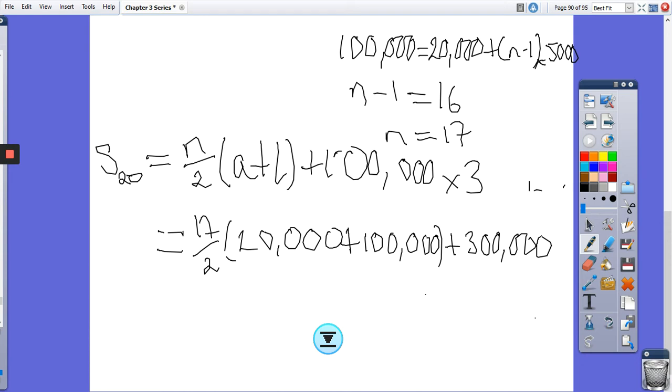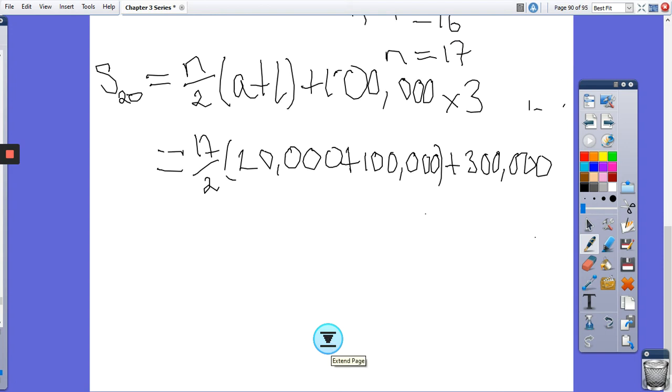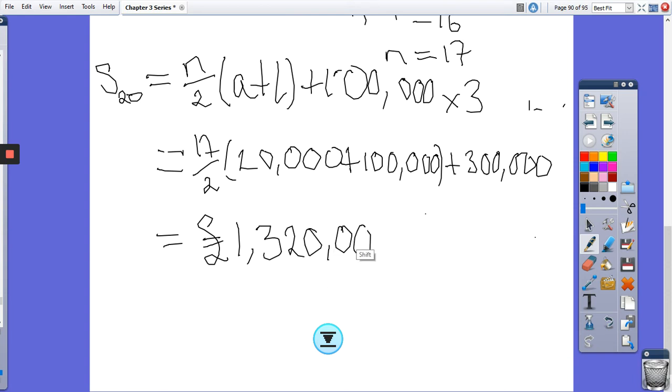It is just a case of substitution into your calculator, and at this point you will get 1,320,000.